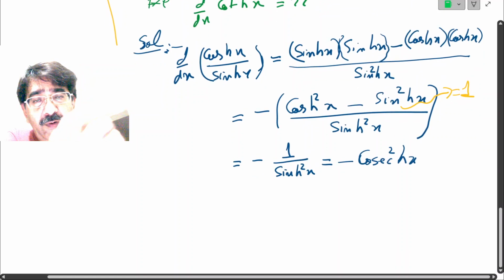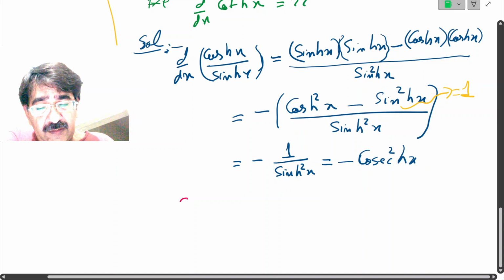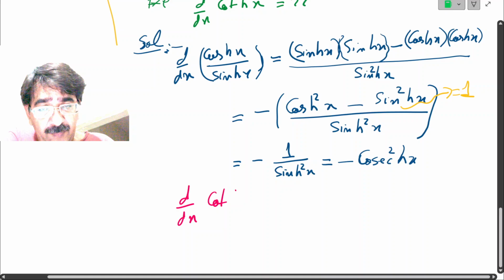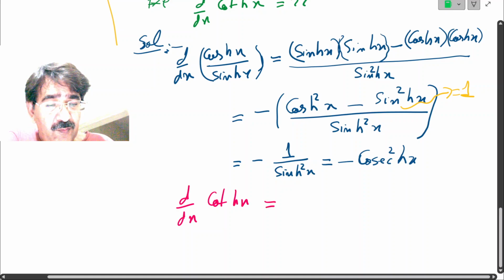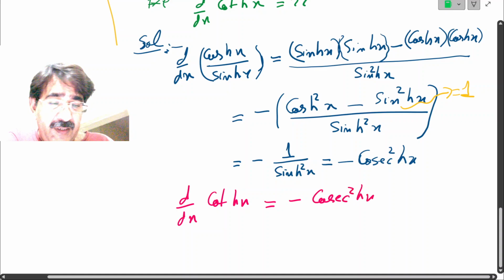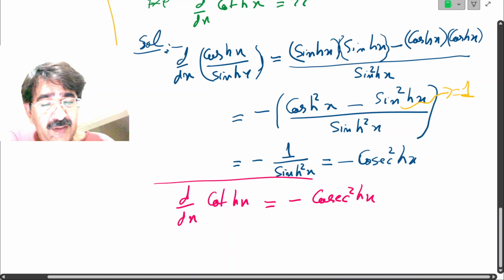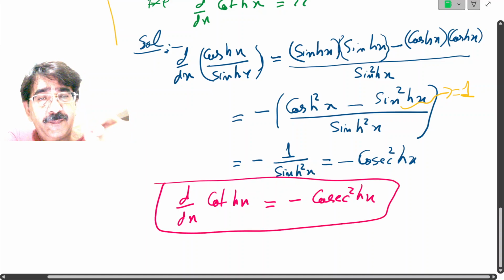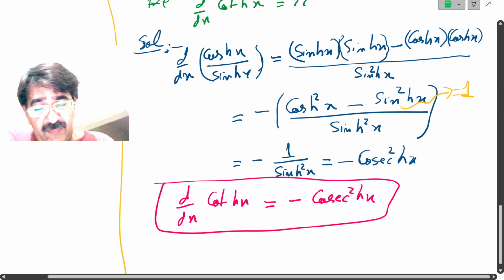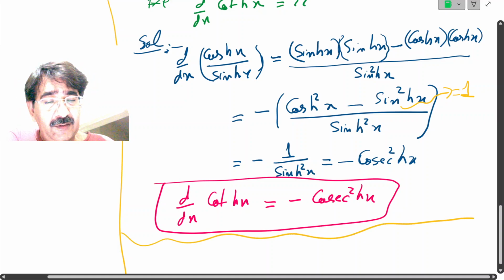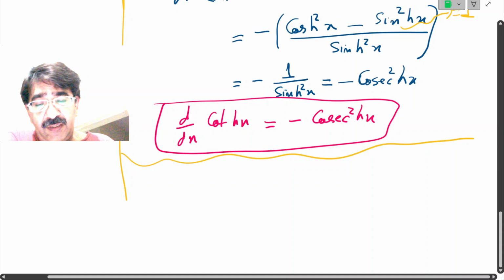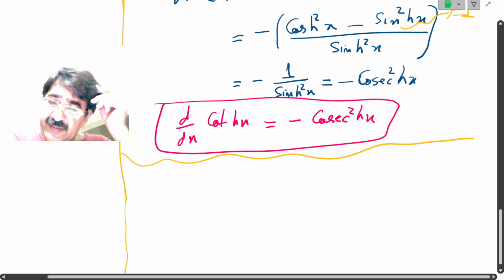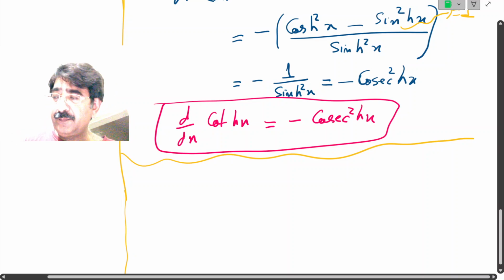From here, d by dx cot hyperbolic x will be equal to negative cosecant square hyperbolic x. So this will be your result. And the next exercise is about the secant.